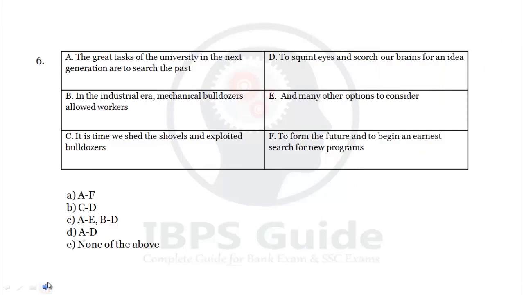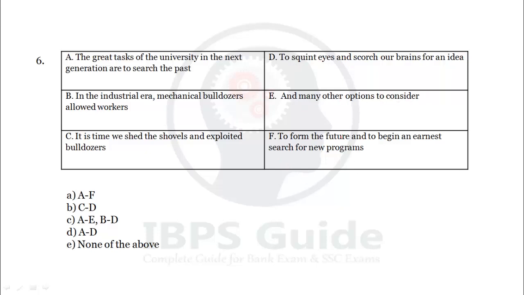The great tasks of the university in the next generation are to search the past. Second sentence, in the industrial era, mechanical bulldozers allowed workers. C option, it is time we shared the shovels and exploited bulldozer. Fourth option, to squint eyes and scratch our brains for an idea, and many other options to consider.